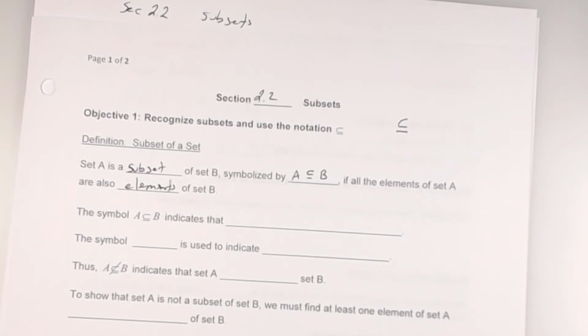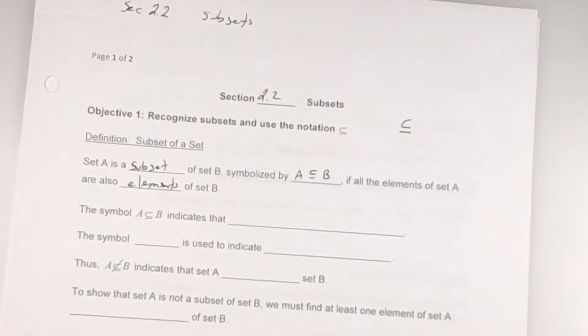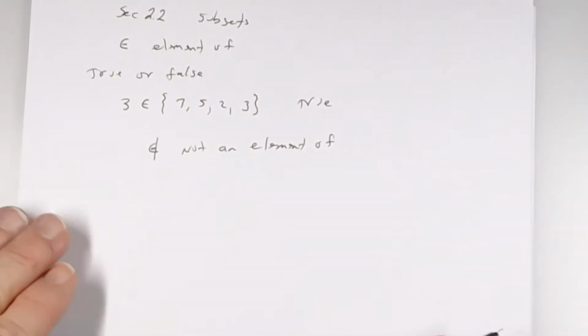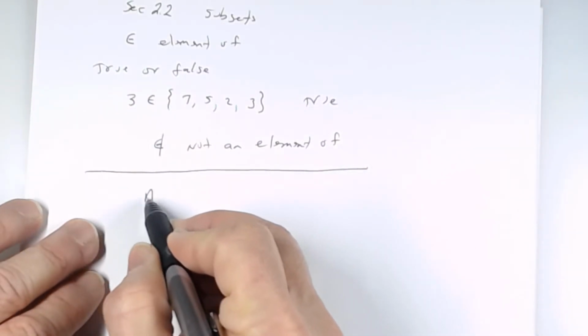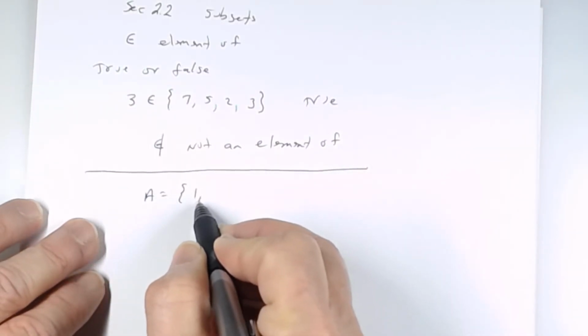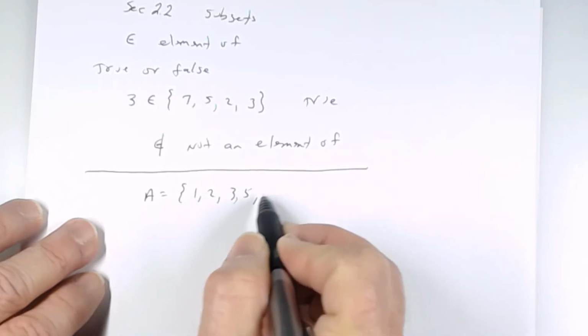So, for example, suppose that set A is 1, 2, 3, 5, 8, 10.